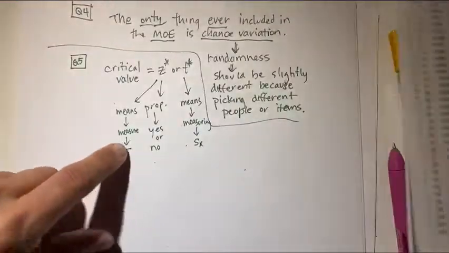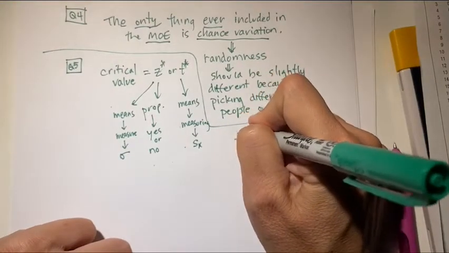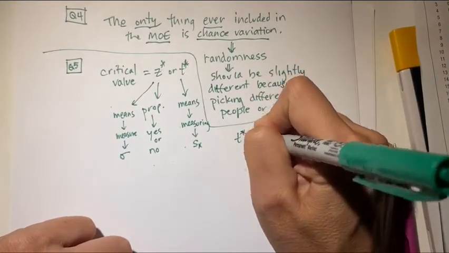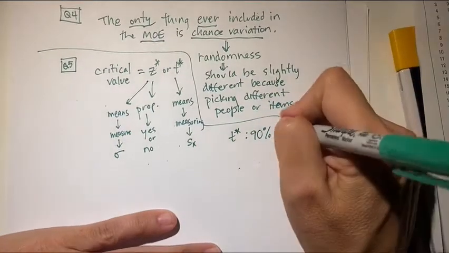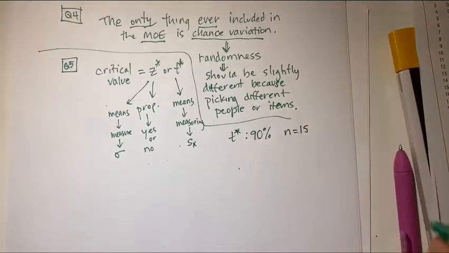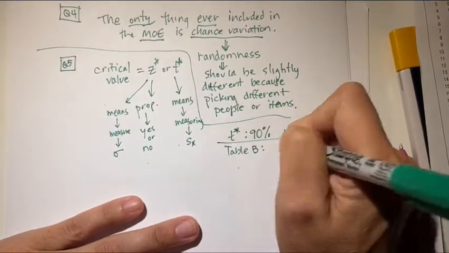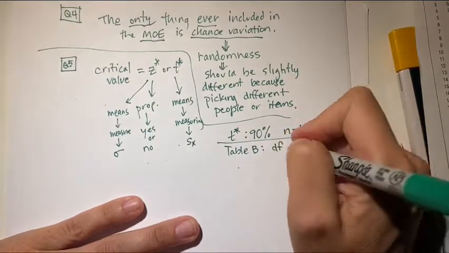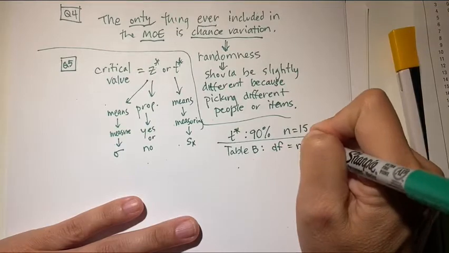All right, so using this table in question 5, it says, what is my T star when I'm using it for a 90% confidence interval and n is 15? So how do I use this table? This is called table B, and the rows on the left are called the degrees of freedom, which is just n minus 1.